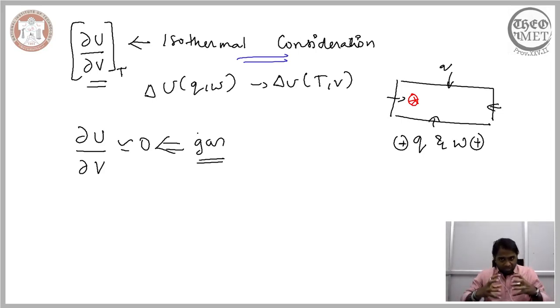Because we allow the expansion in such a way that the temperature remains constant, the change in volume, particularly in the case of gas, will be significantly higher, and therefore this term becomes close to zero, again in the specific case of gas.